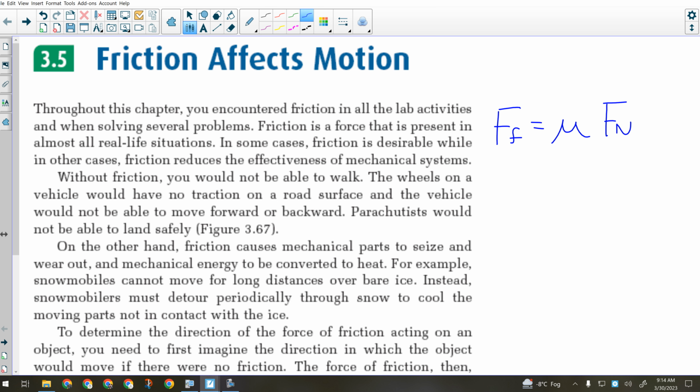It's different depending on what two surfaces are being pressed together. You may have noticed that sometimes things don't slide past each other very easily, and other things in exactly the same situation slide past each other very easily. So the coefficient of friction is actually dependent on the two substances that are at the interface.